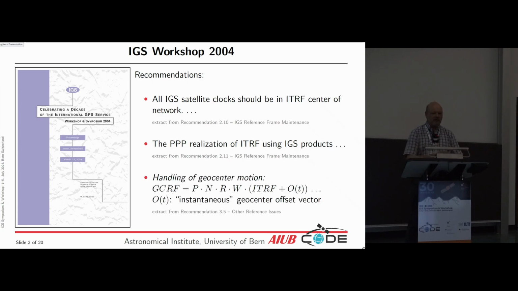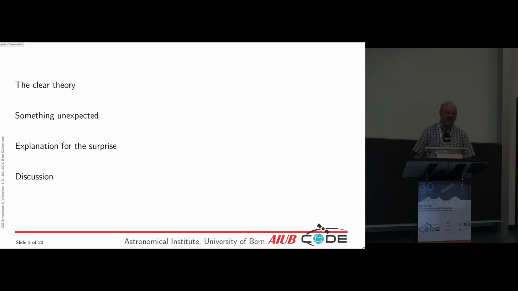The clock corrections have to be consistent to this. And there was another section that one also has to consider the geocenter motion, because it's relevant for orbit determination. The satellites are used to flying around the current center of mass and not around a point that someone has defined as the origin of a coordinate frame.